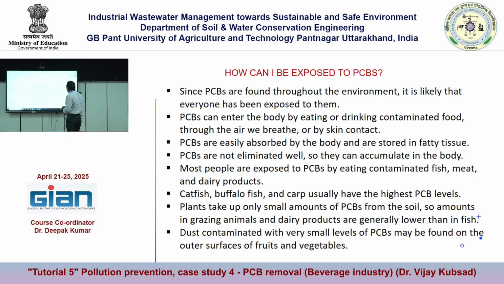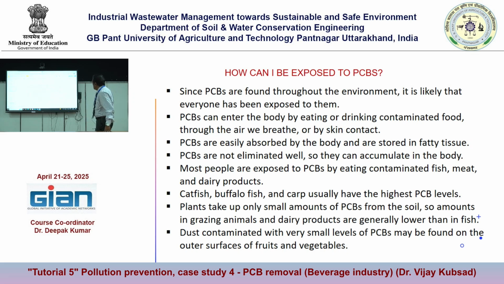Since PCB is found throughout the environment, likely everyone has been exposed, and there is a list of things it affects. Fish life, most people are exposed to PCB by eating contaminated fish, meat, dairy products. Why dairy products? If PCB is there through the food chain, it enters the cow, the buffaloes, the milk, the sources, right?